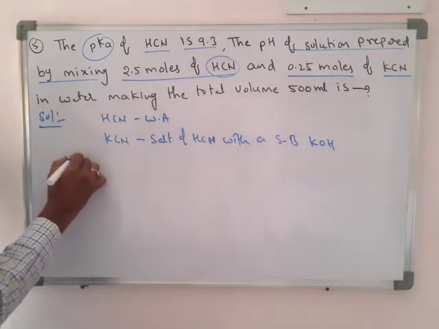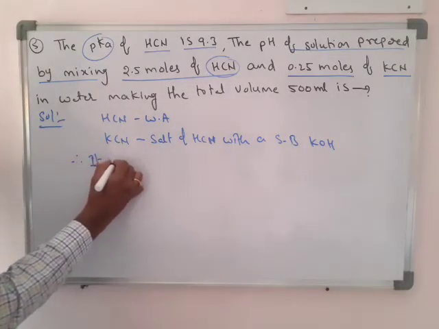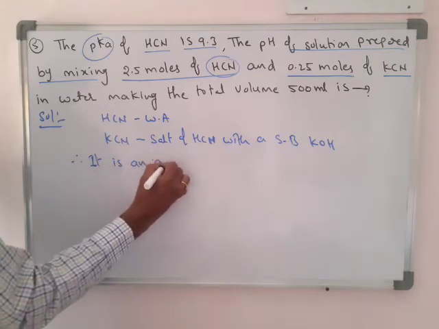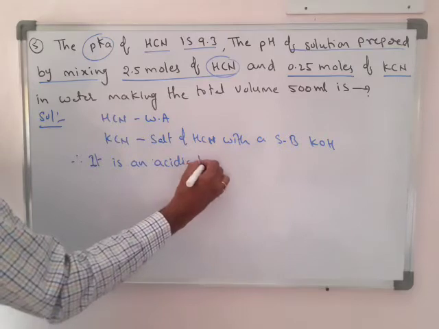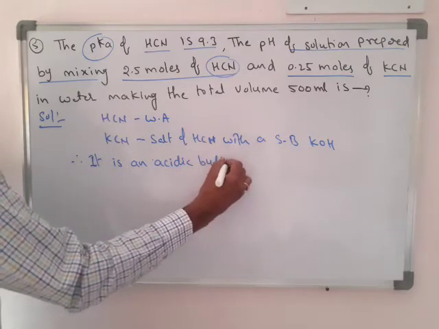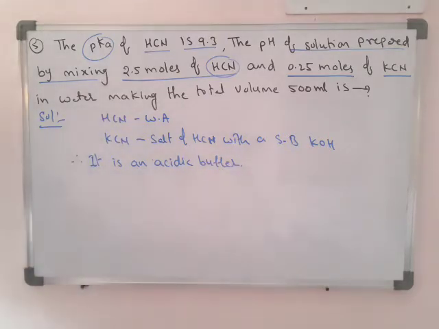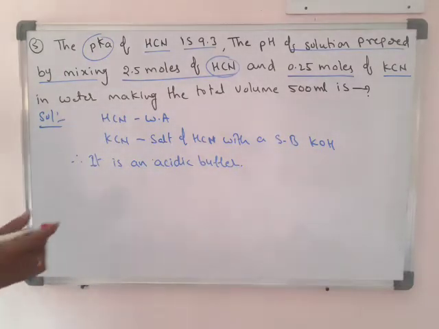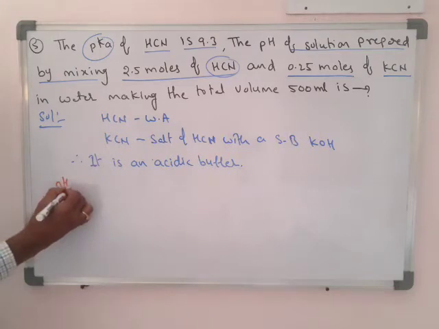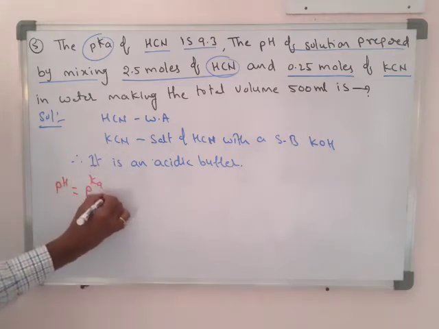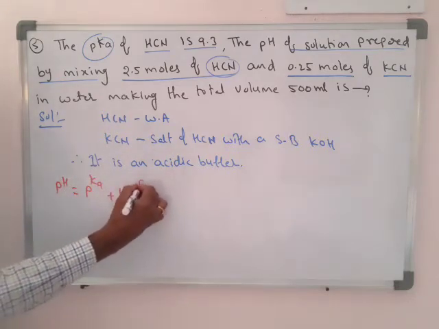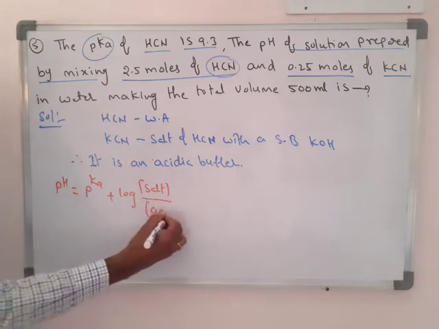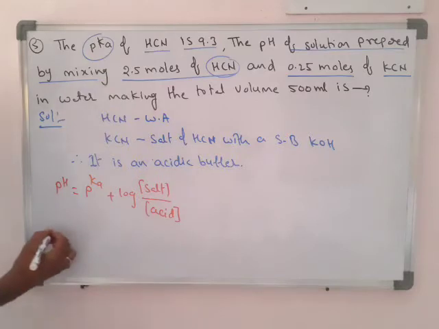So we can say the mixture is an acidic buffer. So we got it is an acidic buffer. That's why we have to use the formula: pH is equal to pK plus log of salt concentration by weak acid concentration.